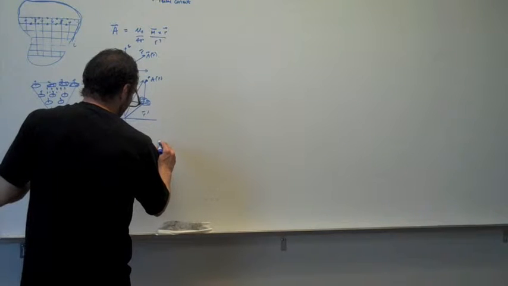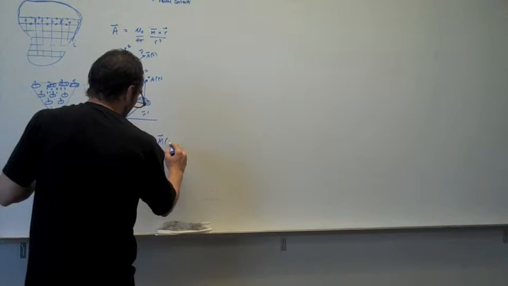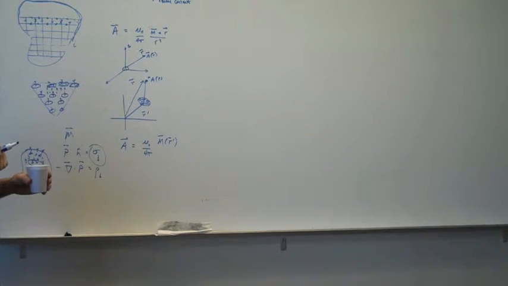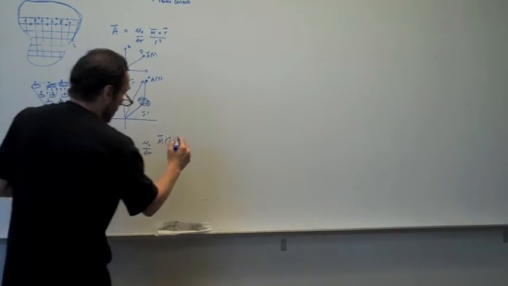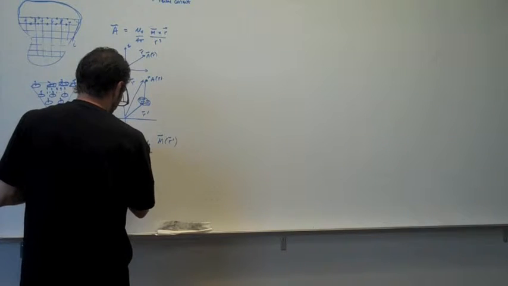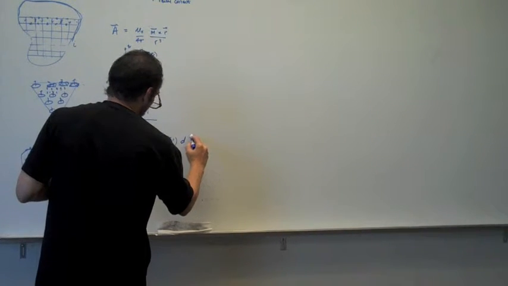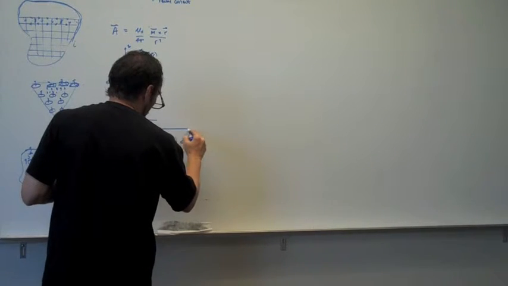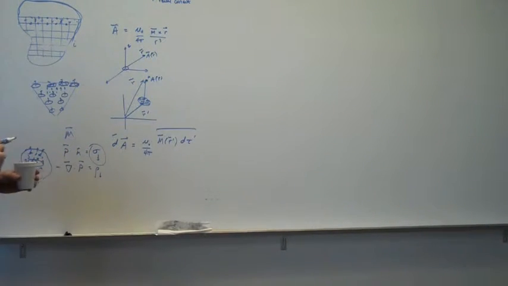So this is M at r prime, because r prime is the source point. d tau, call this dA. d tau prime, if you want to use d3r or whatever you want to call it. This is all the magnetic moments in there, the total magnetic moment in there.